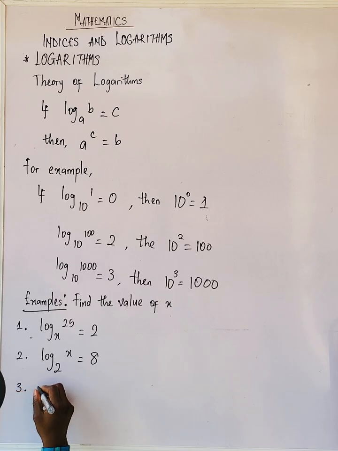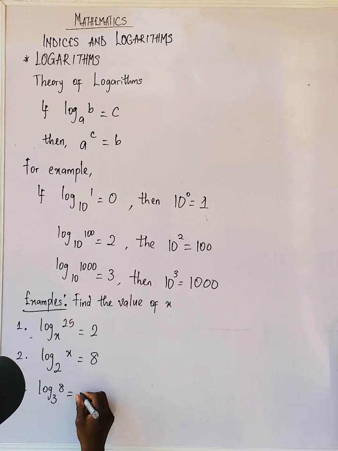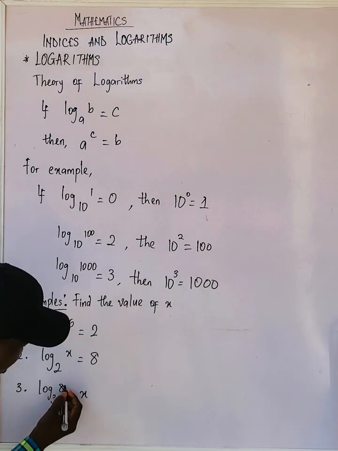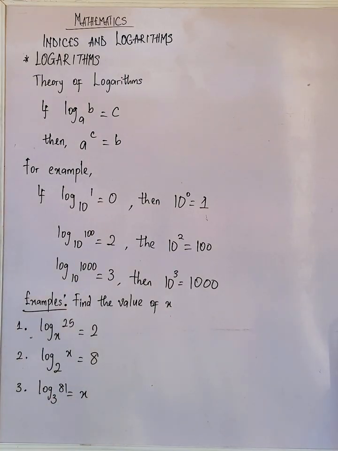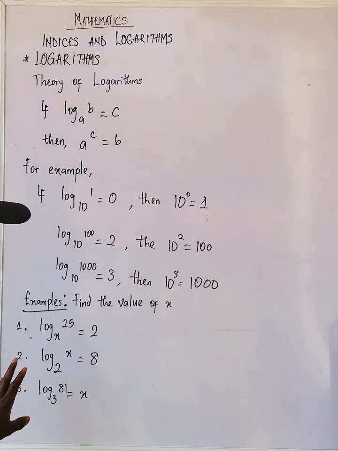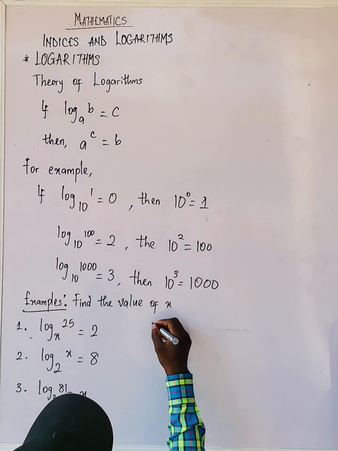Then question 3 says log 3 to the power of 81 is equal to x. Now, look at these questions. Let's try and solve these 3 questions so you understand what this law is saying very well. Solution.